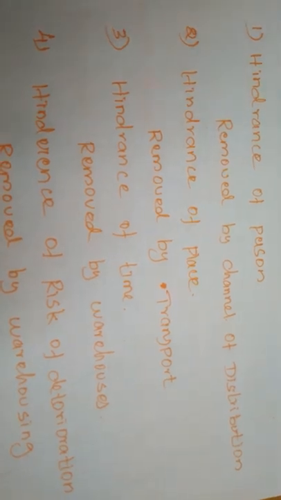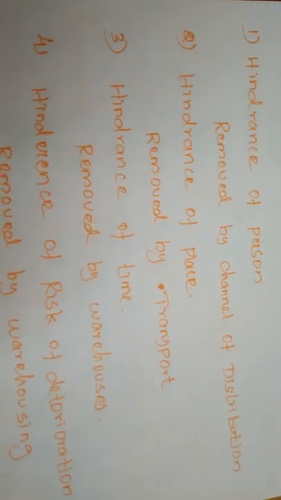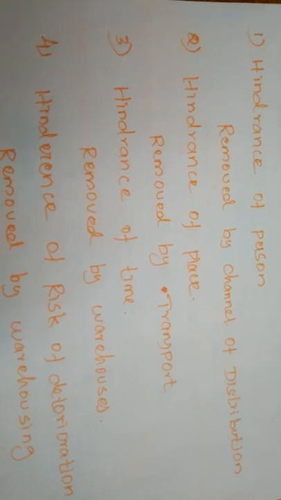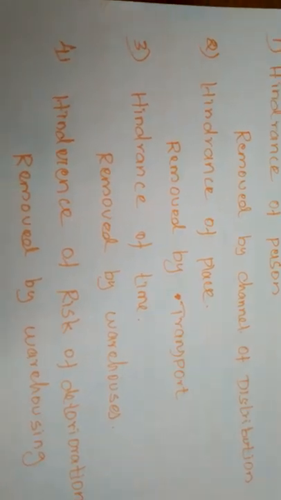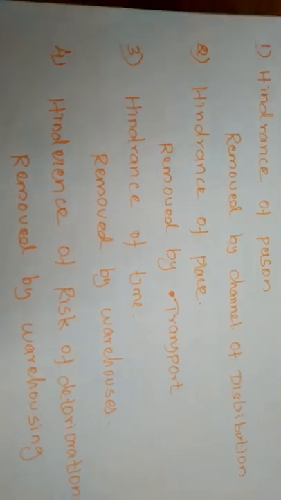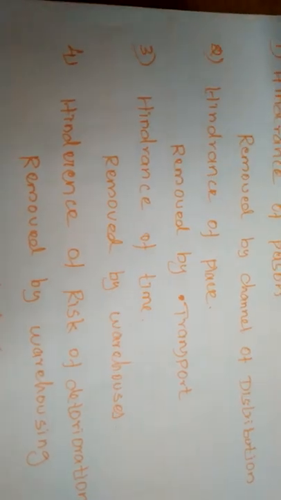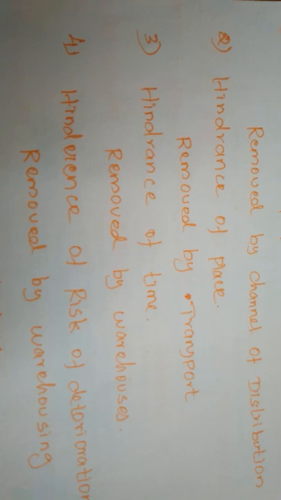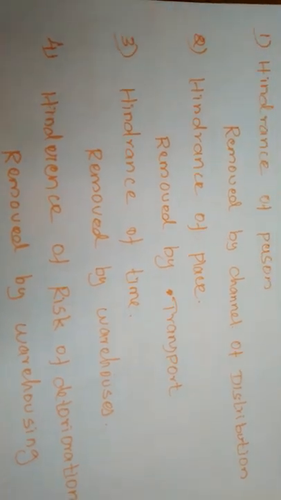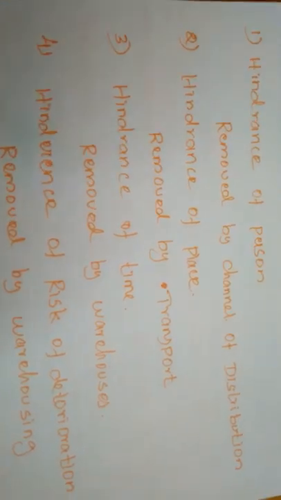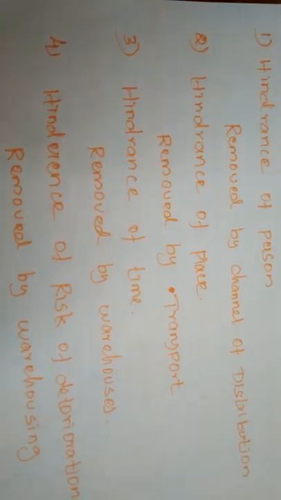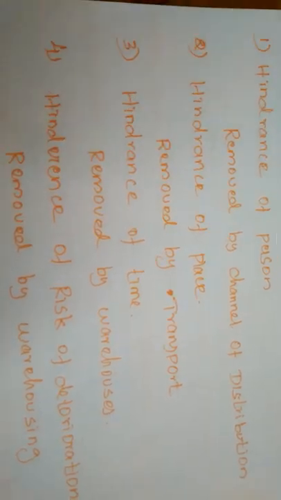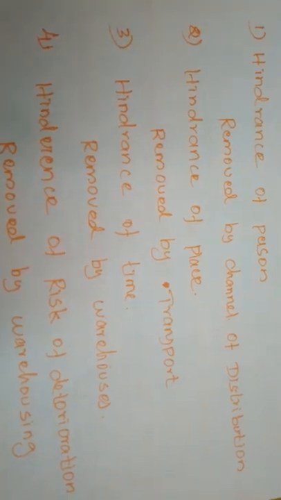The place of production is different from where the produced commodity is consumed, in another corner. So place is one of the hindrances. Even though the product is produced, it will not reach the hand of the consumer.